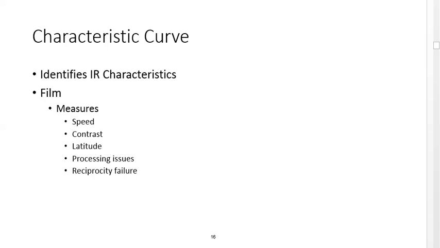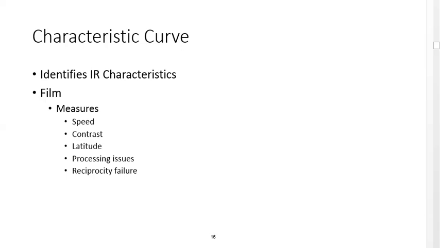So what we read off the characteristic curve, or the H&D curve, the D log E curve, all mean the same thing, is a measure of speed, contrast, latitude, and we could identify processing issues and reciprocity failure. So speed, we talked about that on Friday, is a specific point on the H&D curve, and that point is 1.0 plus base plus fog.